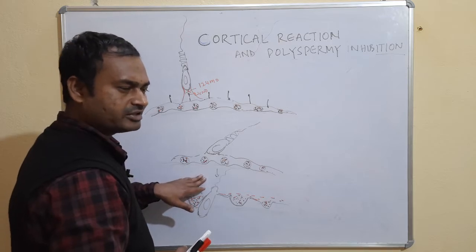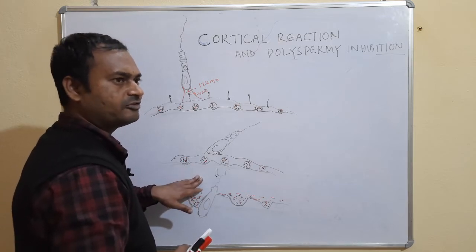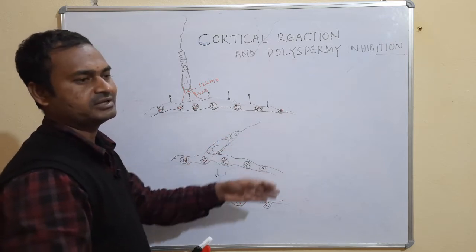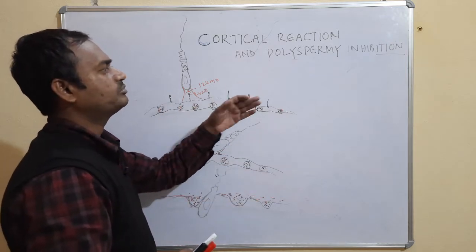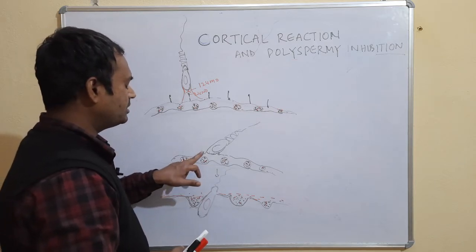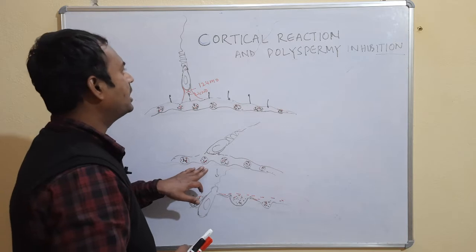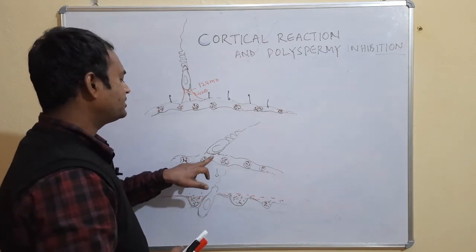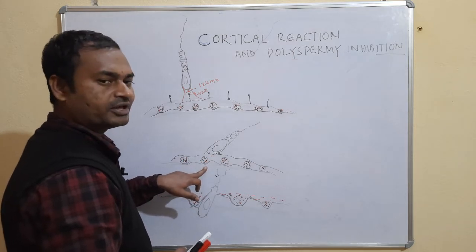These cortical vesicles contain various types of enzymes, which we will understand later in the topic of polyspermy inhibition. So it comes across the cortical vesicles membrane, and here it also fuses with the cortical vesicles.